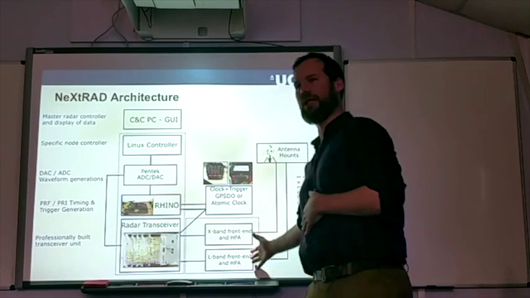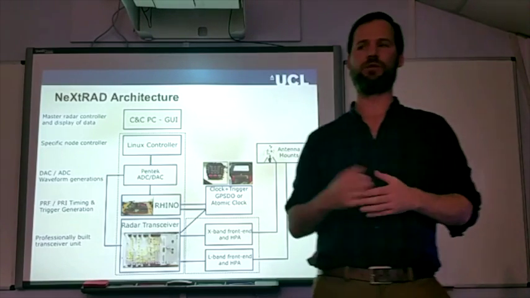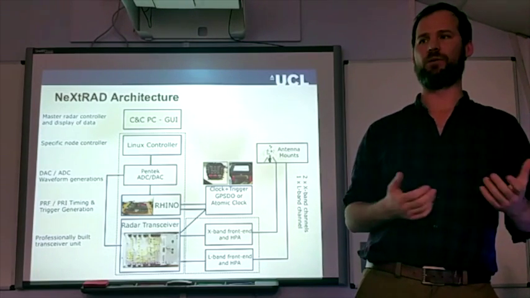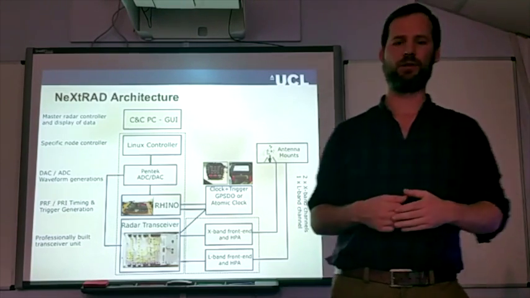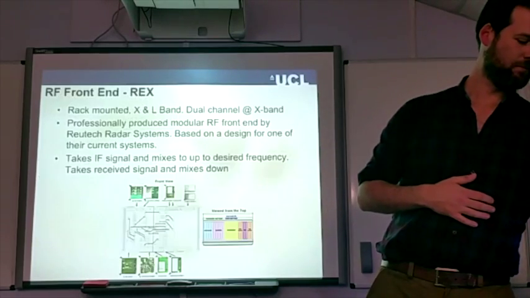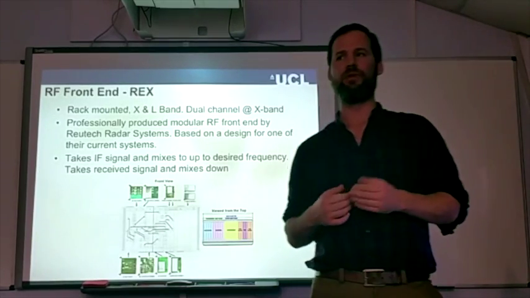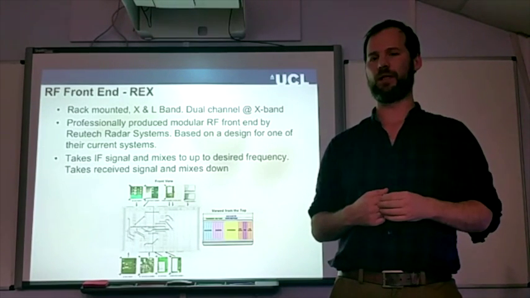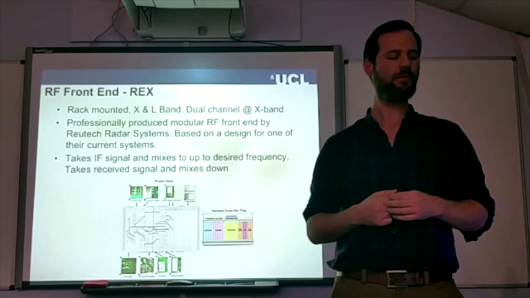These are our 2 single HPAs that we have, and it will go to an antenna mount, which will be mechanically steered, but over a remote network, allowing us to point to lat-long coordinates. The REX system, as it's named, is our big RF box, and that was the item that was purchased from Roytech.